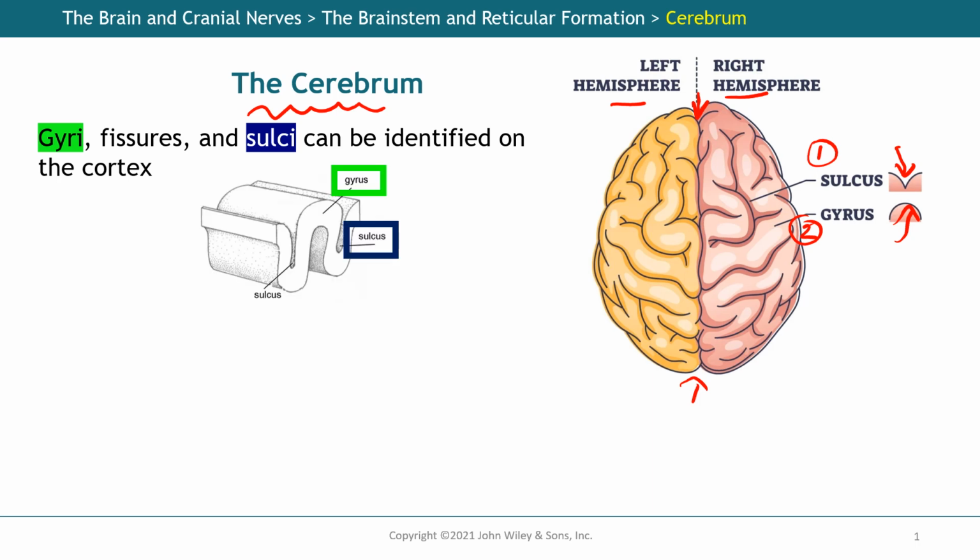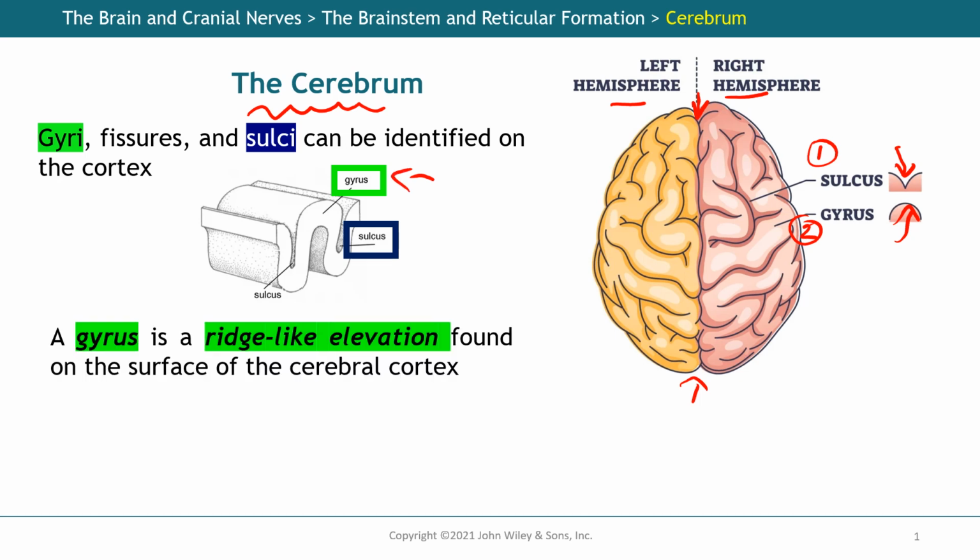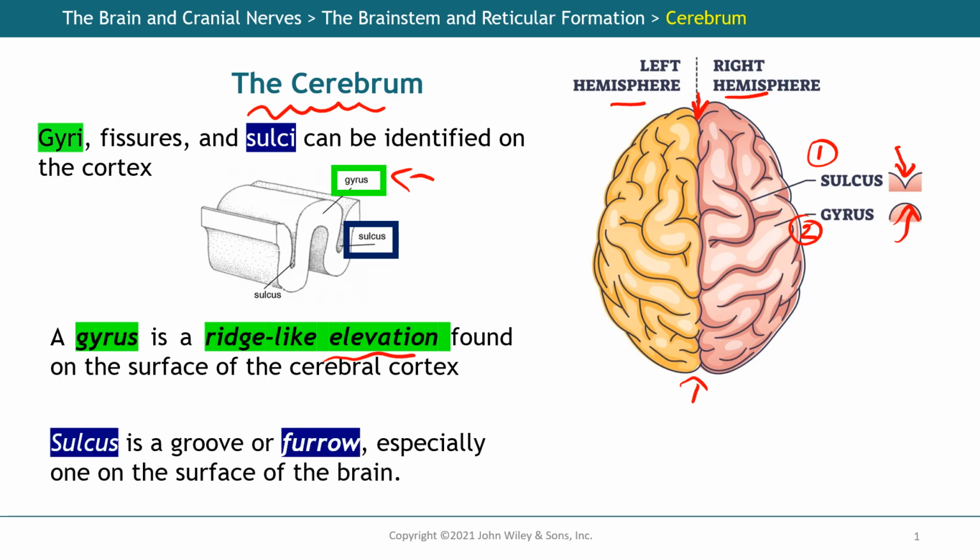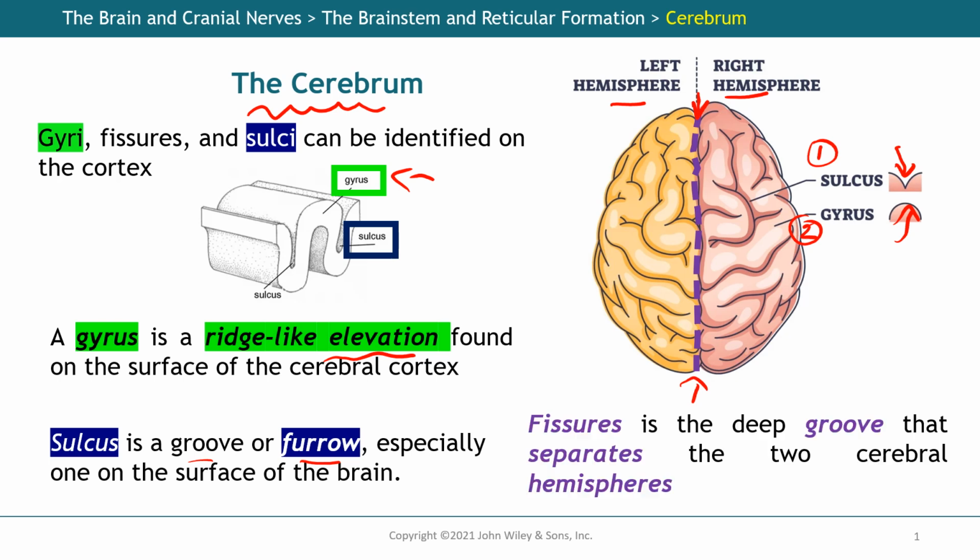The gyri or gyrus are a ridge-like elevation, while the sulcus is a groove or furrow that is especially found on the surface of the brain. And finally, in between the two hemispheres, as you can see in the purple line, you have a fissure, that is a deep groove that separates the two hemispheres.